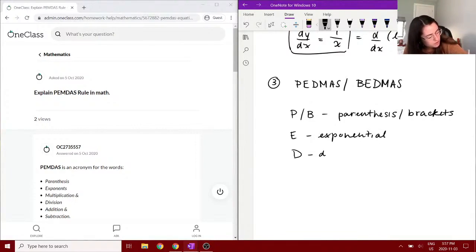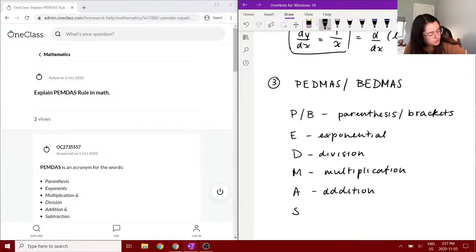D for division. M for multiplication. A for addition. And S for subtraction.